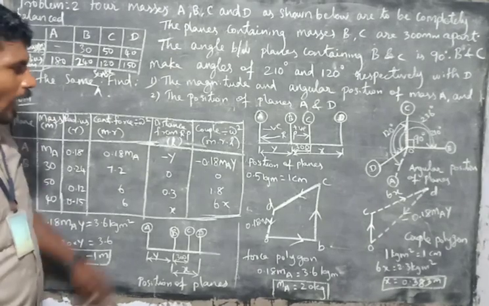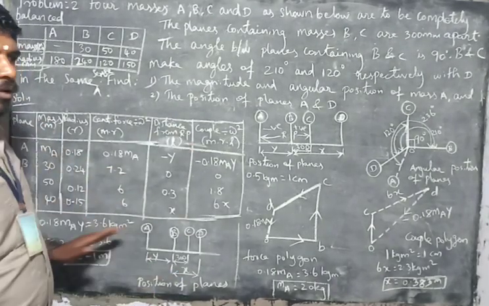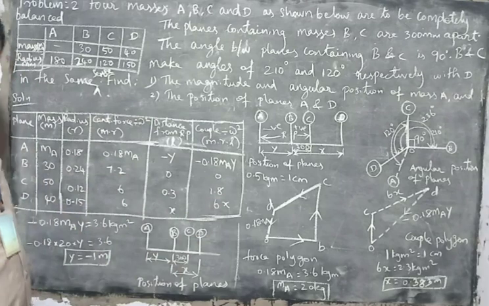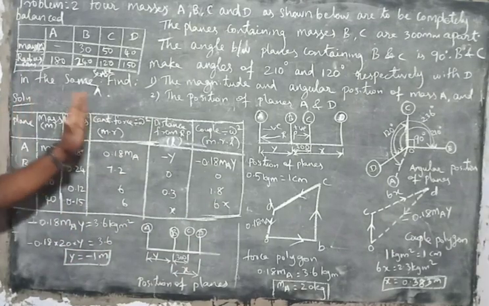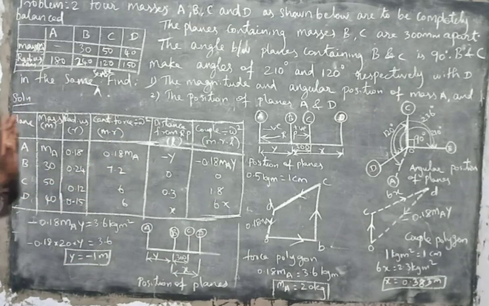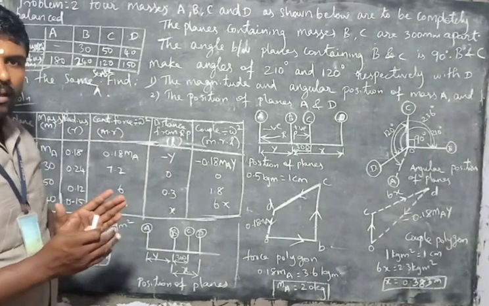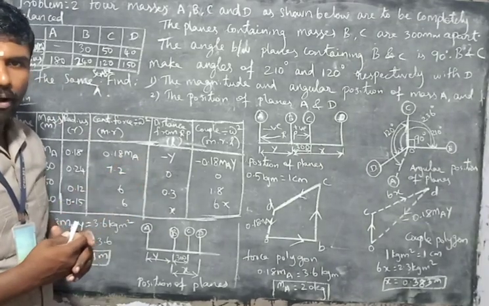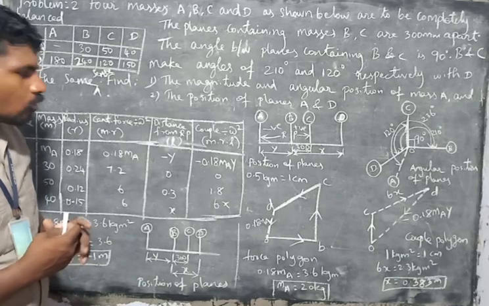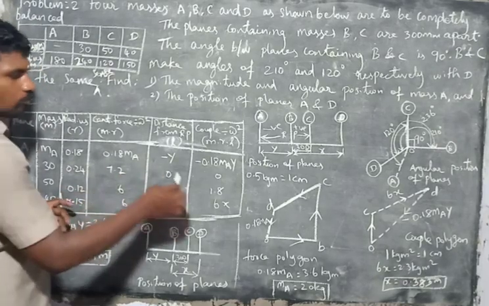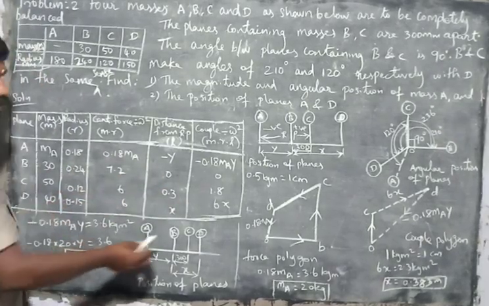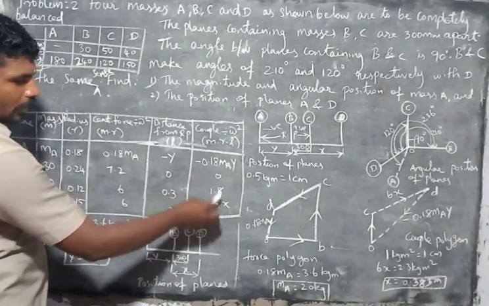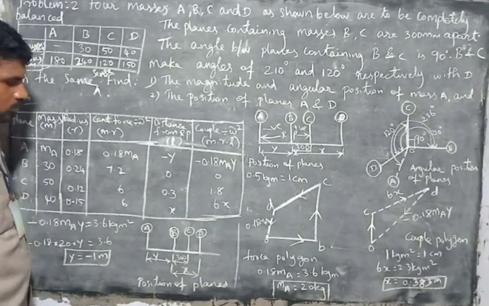Okay, right? After completing this tabular column, we need to check the possibility of drawing the diagram, which one has the minimum unknown values. Here plane A and plane D have unknown values.